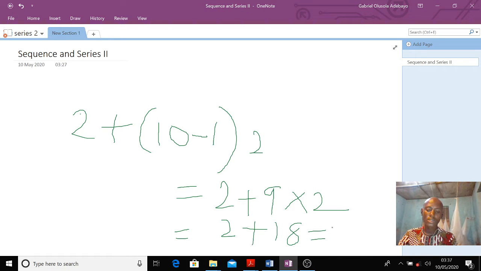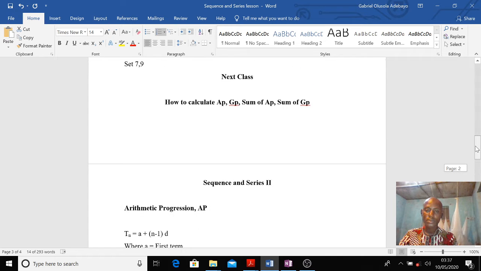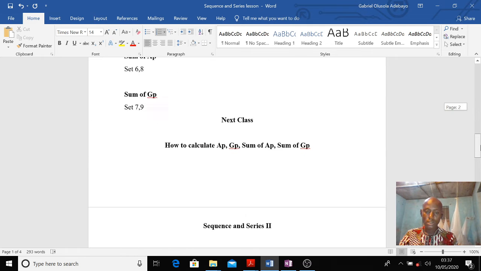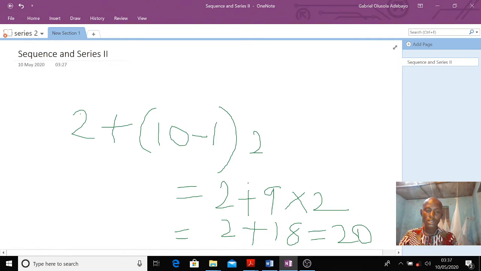The answer will now be 20. So that is how we got this 20, the tenth term, because a is equal to 2 and d is equal to 4 minus 2, which is equal to 2.